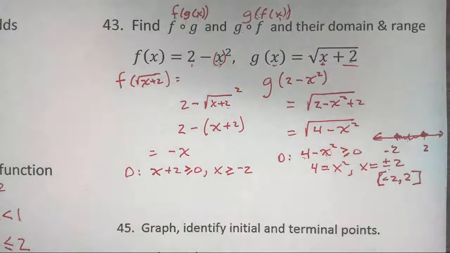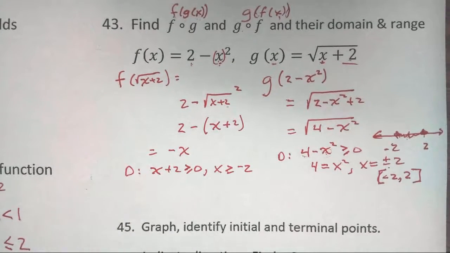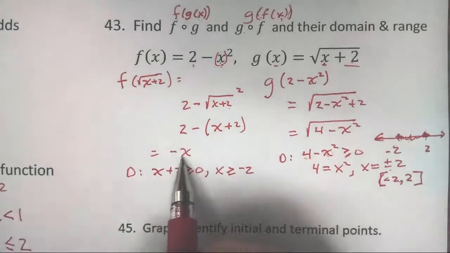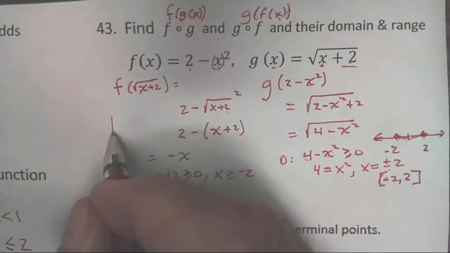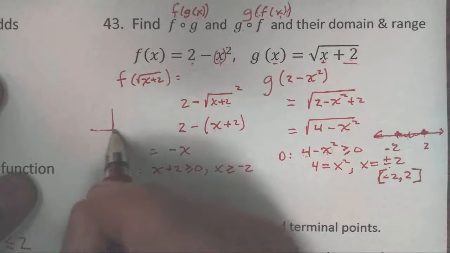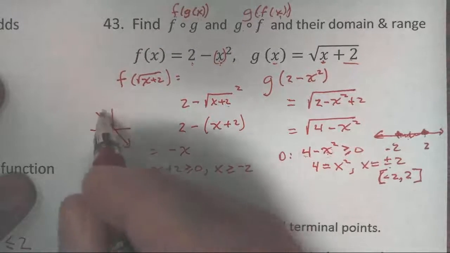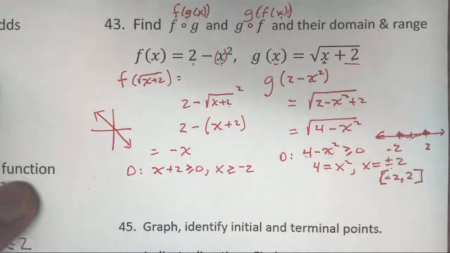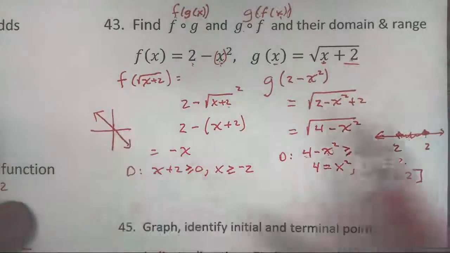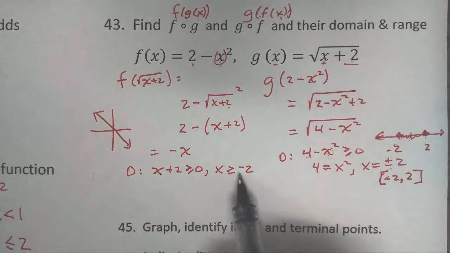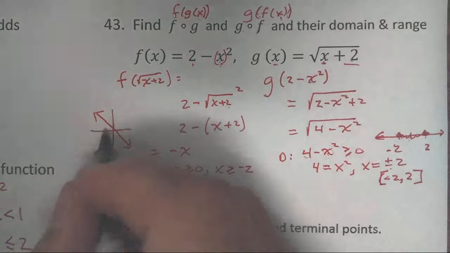Okay, range, always trickier. Range, I love my calculator for, but we're going to do that without it. This function became negative x. I know what negative x looks like. Negative x looks like this. And we would say the range of this goes on forever. However, we are only allowed to consider the portion of this graph that's to the right of negative 2.